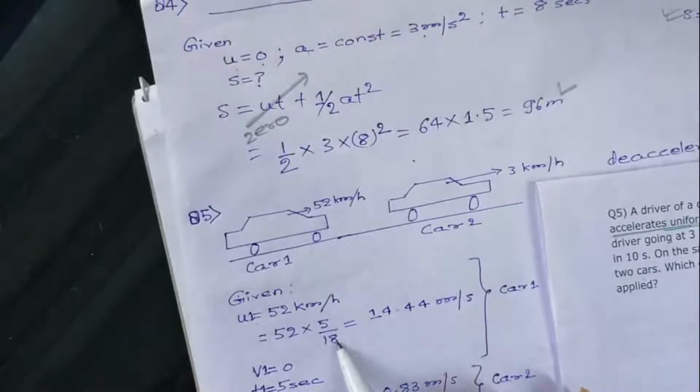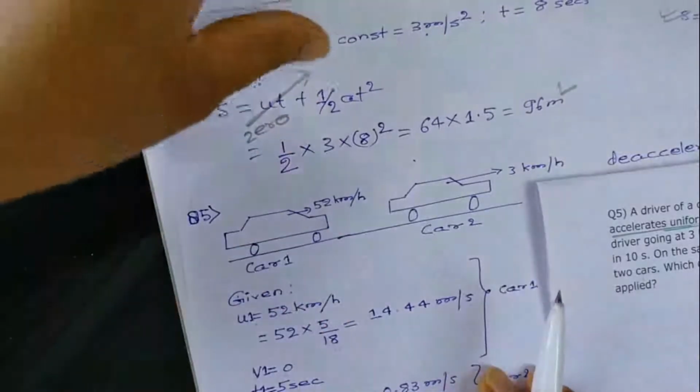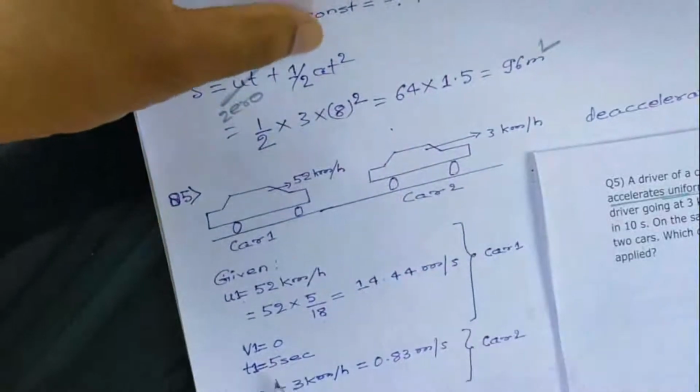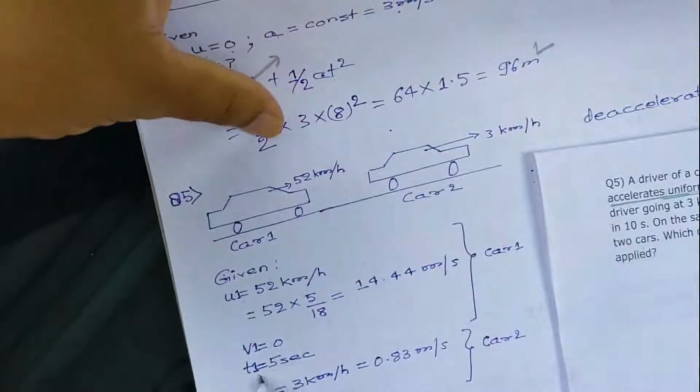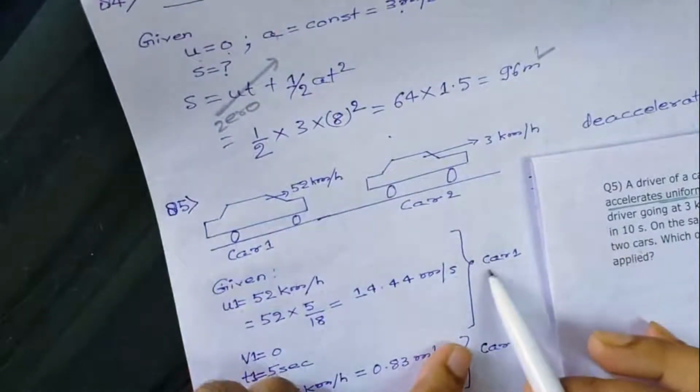I have converted it into SI units by multiplying by 5 by 18. The initial speed comes to 14.44 meter per second. Final speed v1 will be 0, as I stated earlier, and the time duration in which it stops, t1, is equal to 5 seconds. These are the physical quantities for car 1.